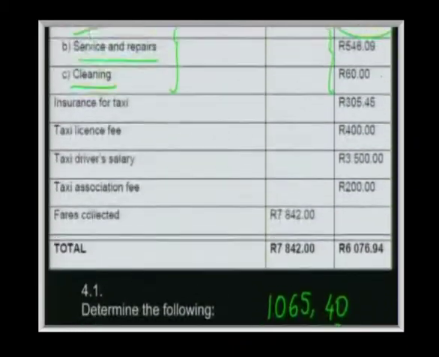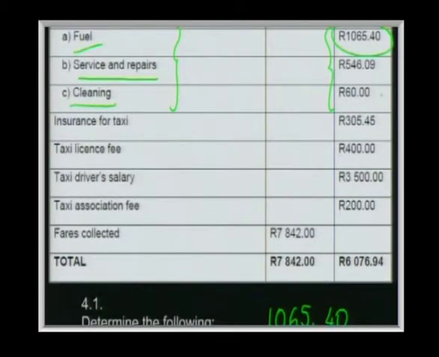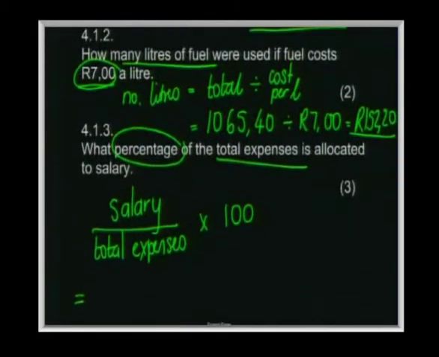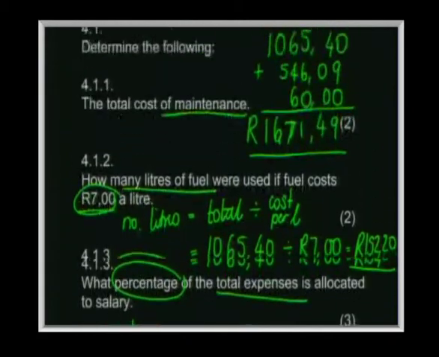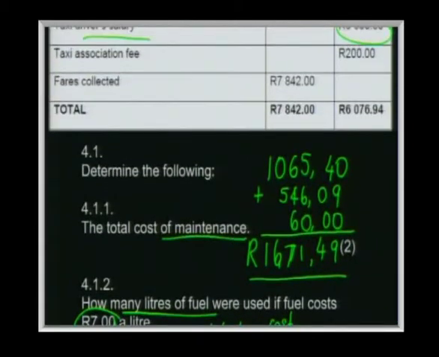So we need to look at salary. The driver's salary is 3,500 Rand. And my total expenses is going to be this one here, which is 6,076 Rand and 94 cents.